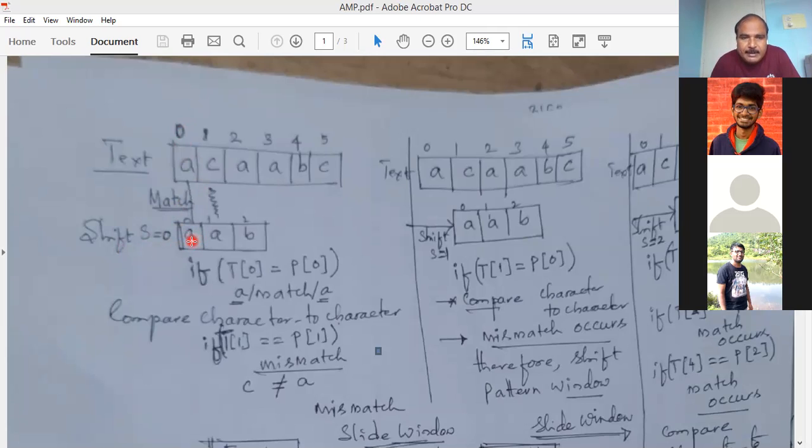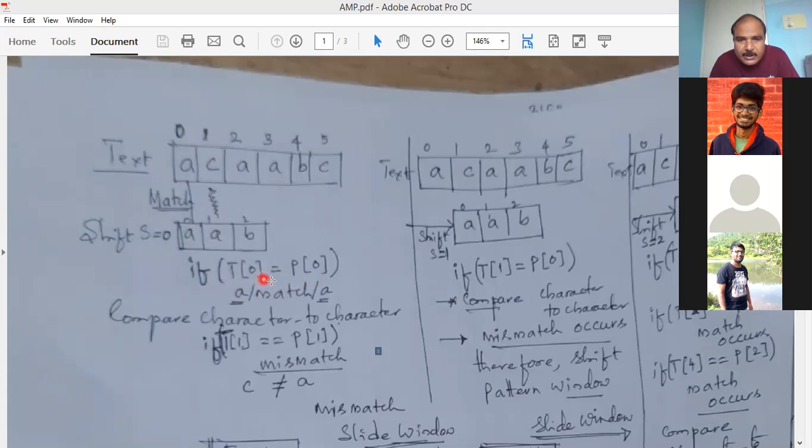Character by character means the first character of the pattern is compared with the first character of the text. That is, the character at index 0 is compared with the character at index 0. If there is a match, then increment the index of the text and the index of the pattern. Here t means text and p means pattern.